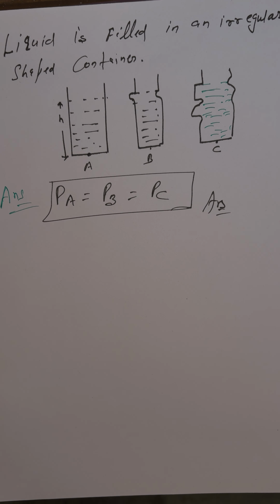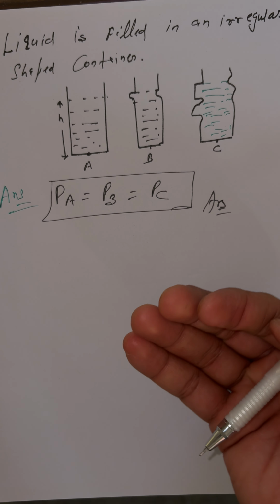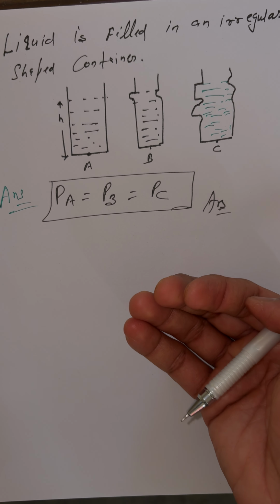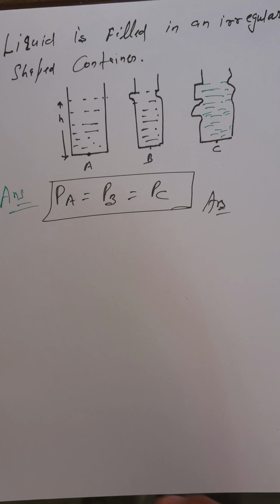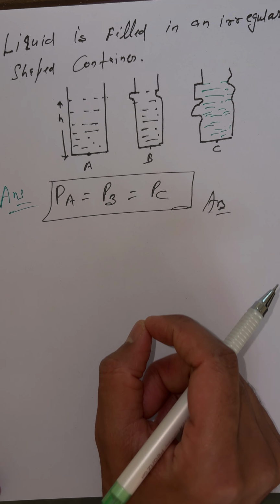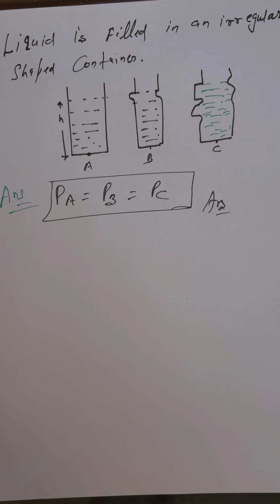Students, you will get this kind of easy explanation of physics at Physics Point only. You will not get it another place, because here I'm discussing each and every point so that you can easily understand the things, even though you are not in front of me. Now friends, have a look at the next numerical.